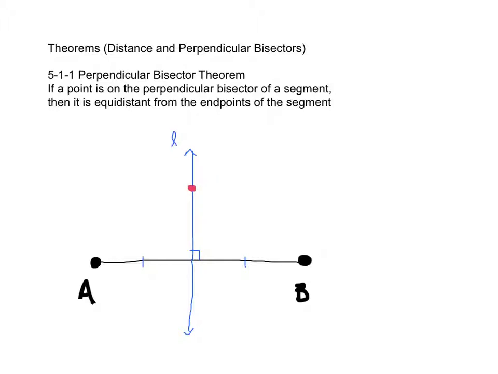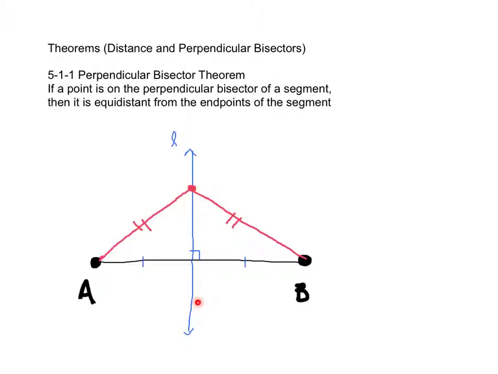What our theorem tells us is that if we were to make a line from A to our red dot, and also from our red dot to B, these line segments are exactly the same length. And we could do that for any points, again, on this blue line.